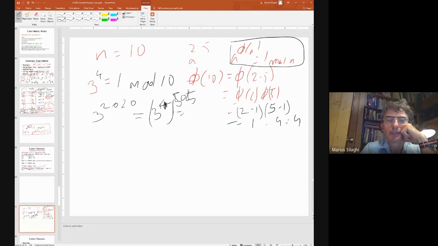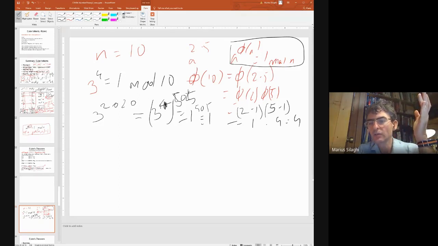So it's equal to 1 to the power 505, which is 1. So it means that mod 10 is 1, so the last digit will be a 1.